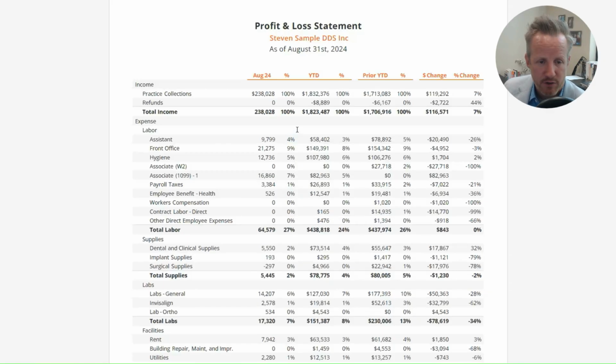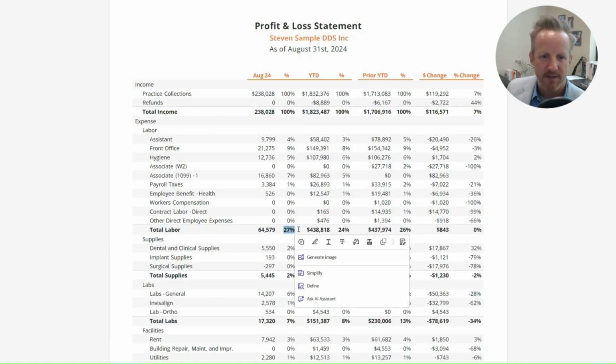So your assistant received 4% of the income for that month. Your front office took 9%, your hygiene took 5%, your associate took 7%, your payroll taxes took 1%. So total labor of $64,579 equals 27% of your collections.